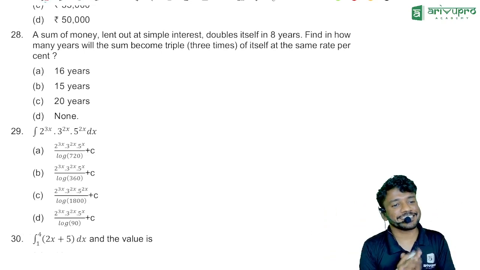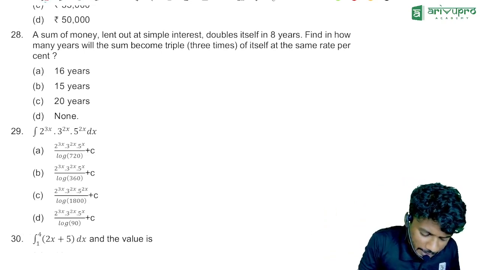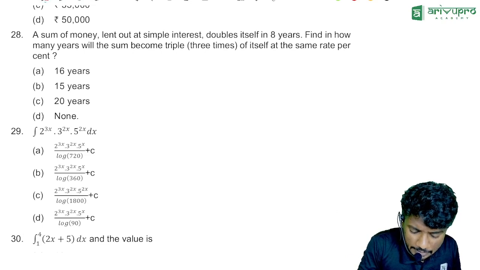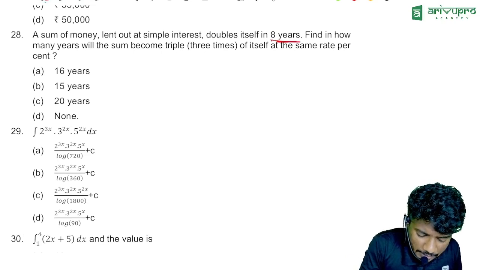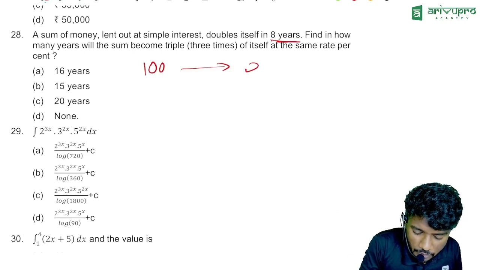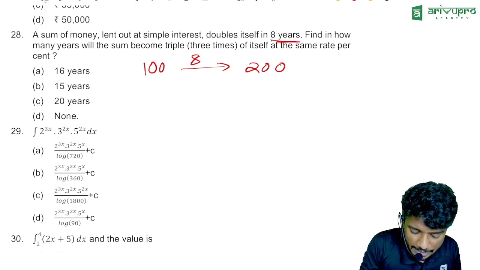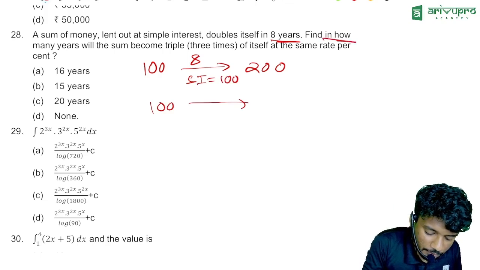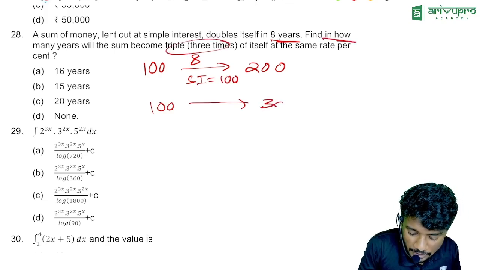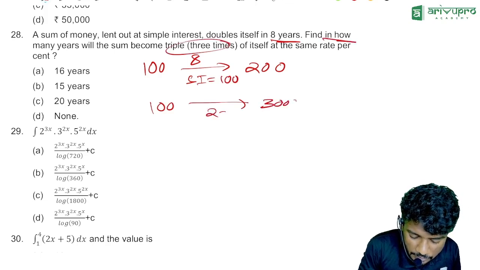How did you get it? A sum of money at simple interest doubled itself in 8 years. That means 100 is becoming 200 in how many years? 8 years. What is the interest? Simple interest is equal to 100 here. Then 100 is becoming how many years? It will become treble. That means 300. So simple interest here is 200.